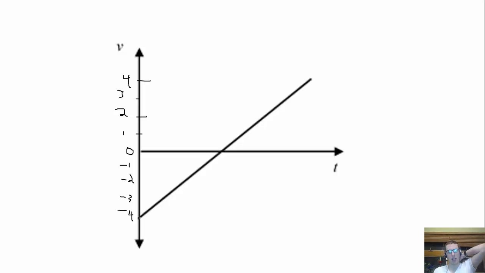So you see that starting out, you're going in the negative direction. You're traveling in the negative direction with a -4, and we could just call this meters per second, is our velocity. But again, we're going to go towards 0, so you're no longer going that far.